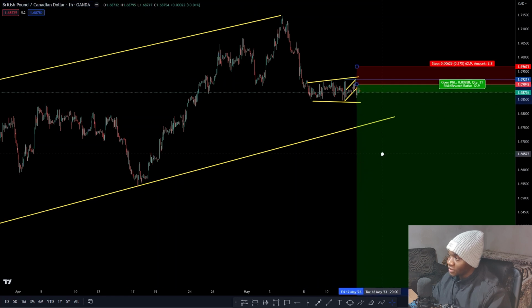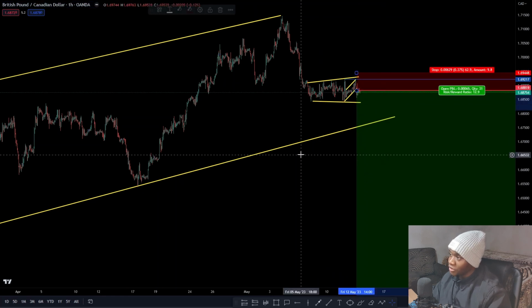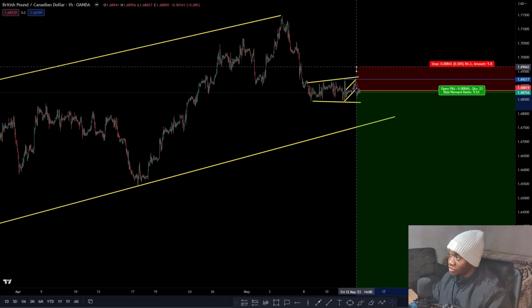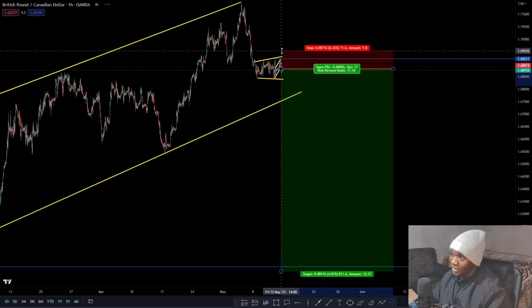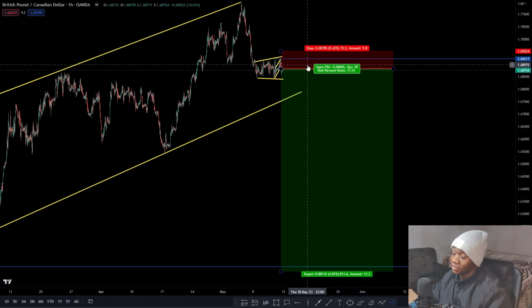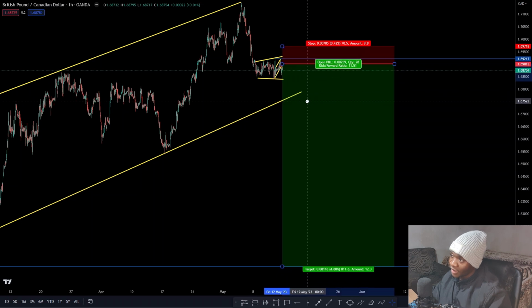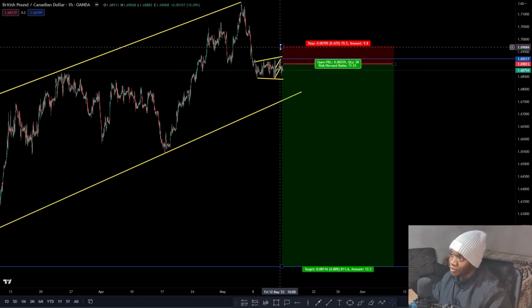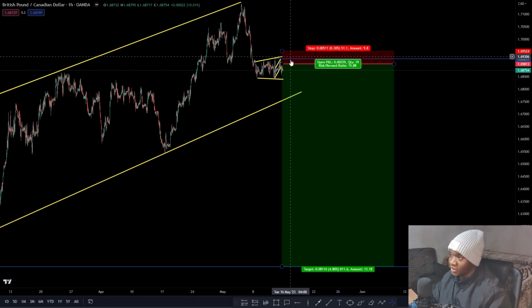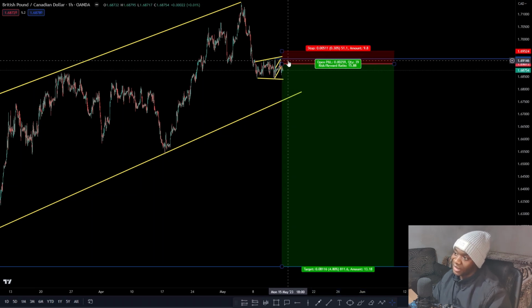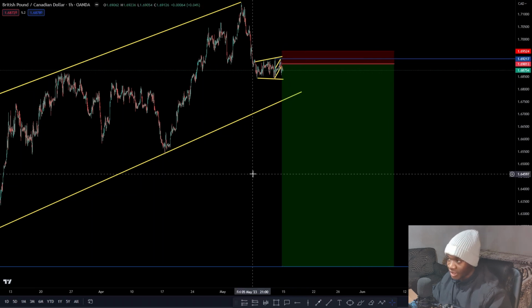So technically last week, if you're looking at this, you should have gotten in like this. But because it's 71 pips, for me personally, 71 is just too large, right? So that is why I'm going to wait for price to move up just a little bit, just to take me in, and then I'm going to continue with the sell.